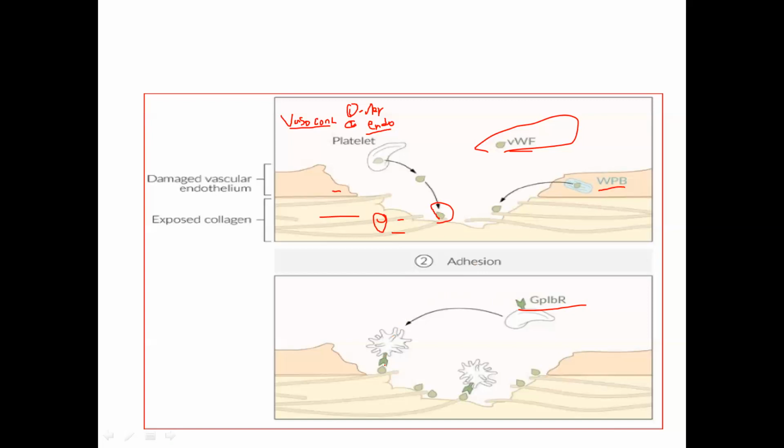Whenever platelets adhere to von Willebrand factor at the injured site, they change shape. Look at this. Before platelet adherence, the shape of the platelet was this, and it changed to this.